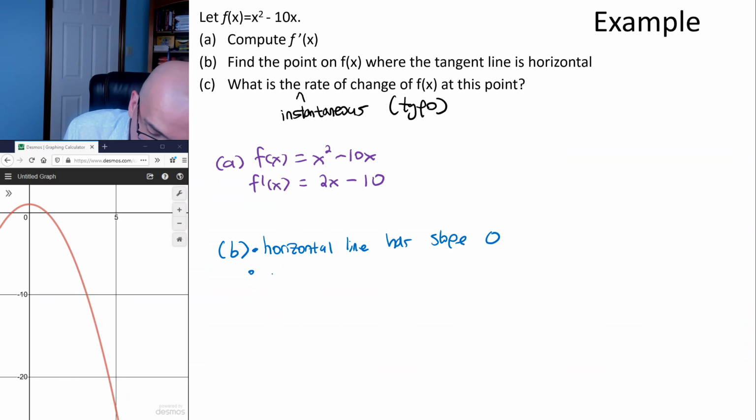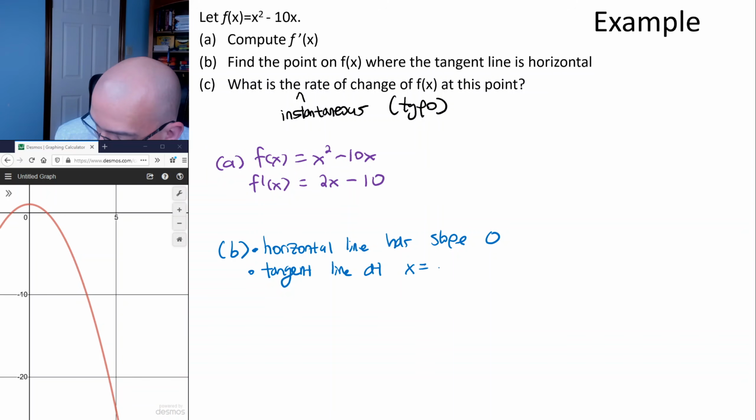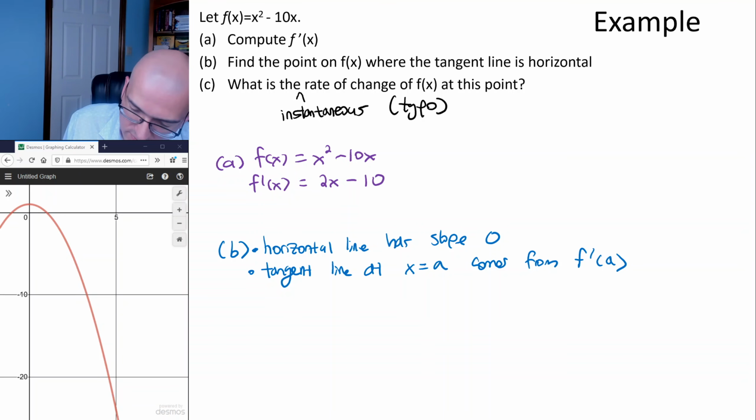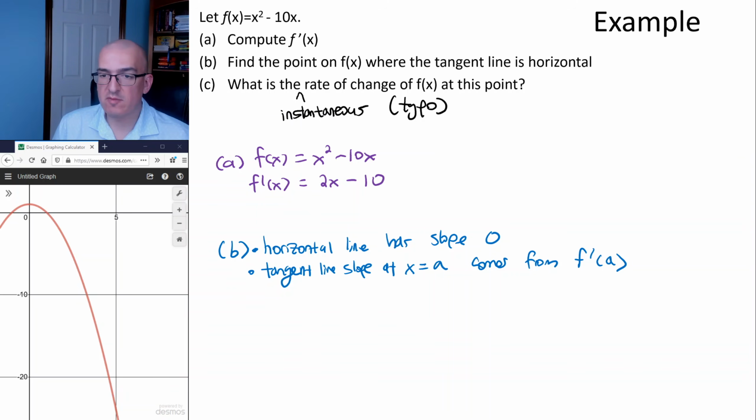The tangent line at x equals a comes from f prime of a. So that's the slope of the tangent line comes from f prime of a.